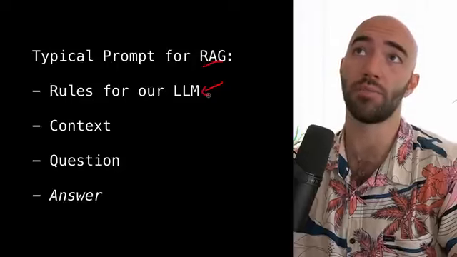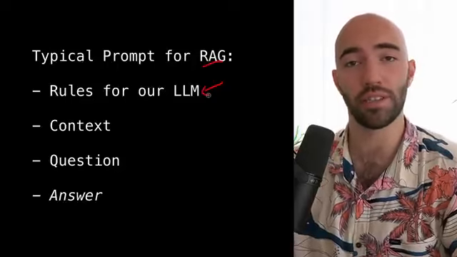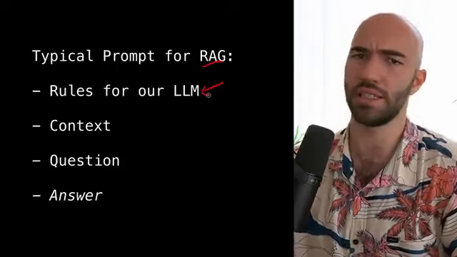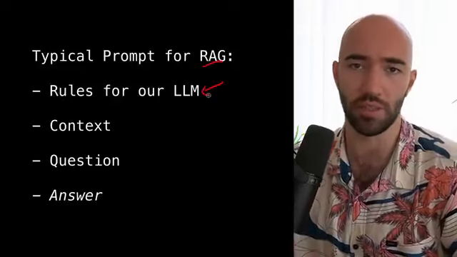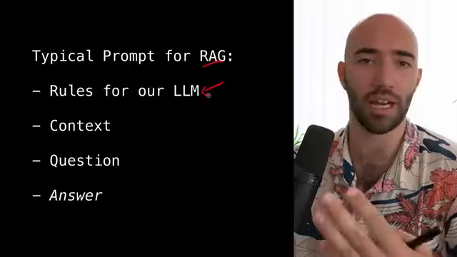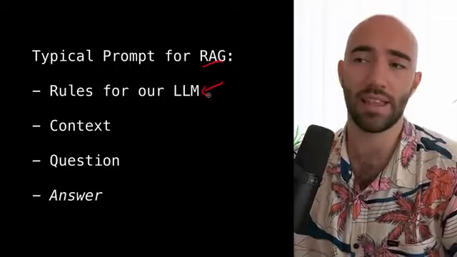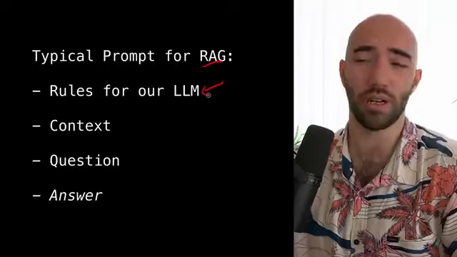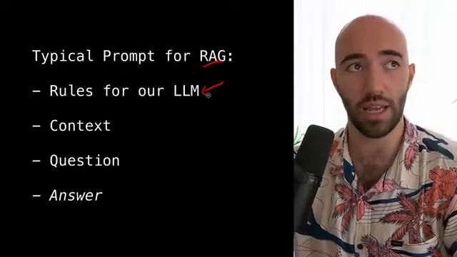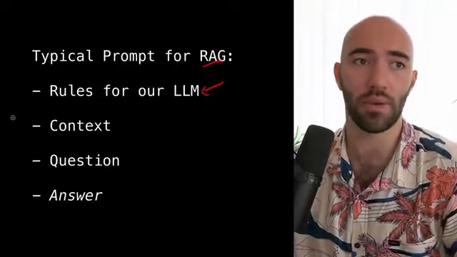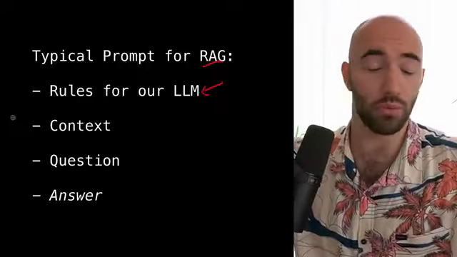That is how it should be responding to user queries, what sort of personality it should be taking on, what it should be focusing on when it is responding, and any particular rules or boundaries that we want to set. And really what we're trying to do here is simply provide as much information as possible to the LLM about what we're doing.